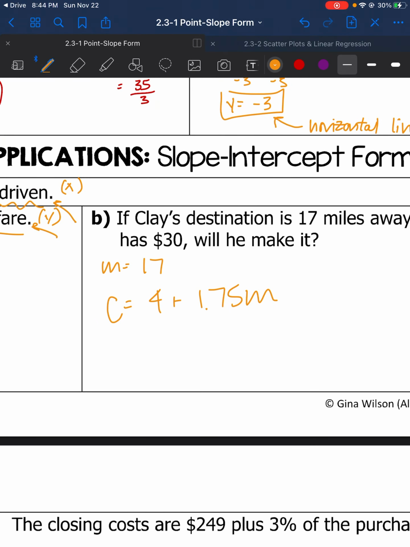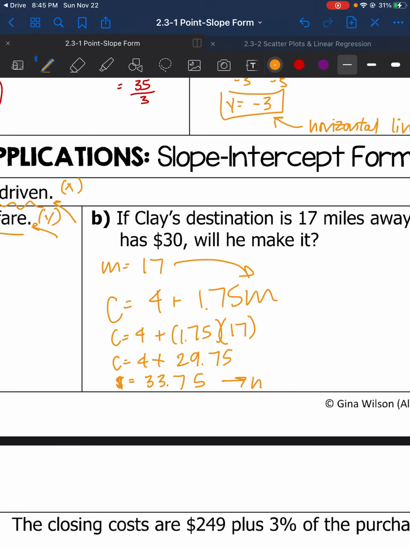Okay, and here we said that m is 17, so C is equal to 4 plus 1.75 times 17, which is equal to 4 plus 29.75, which is equal to 33.75. And this is cab fare, so this is in dollars. And he only has $30, so the answer is no. He will not make it. I'm just going to put no.